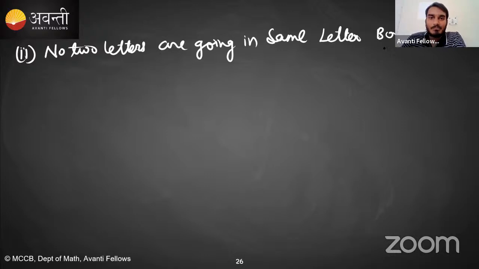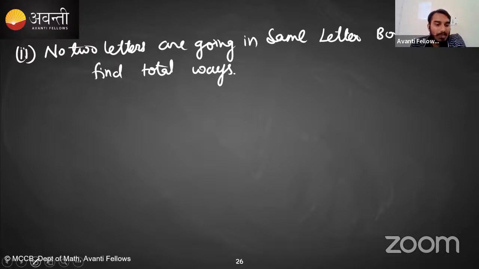Then find the total number of ways. If the question comes like this, now no two letters are going into the same letter box, now find the total number of ways.